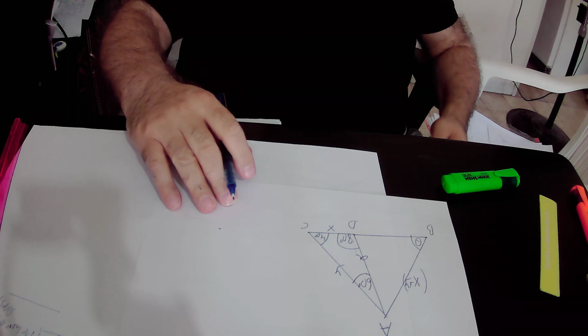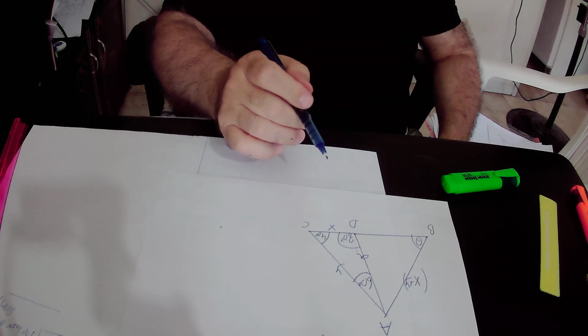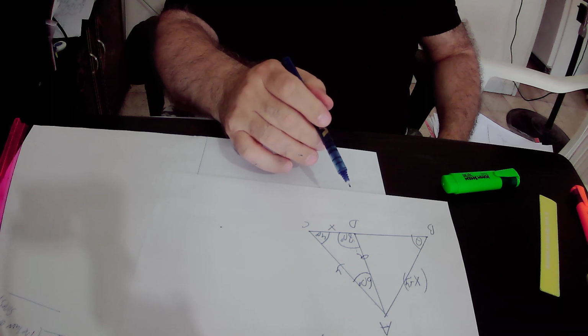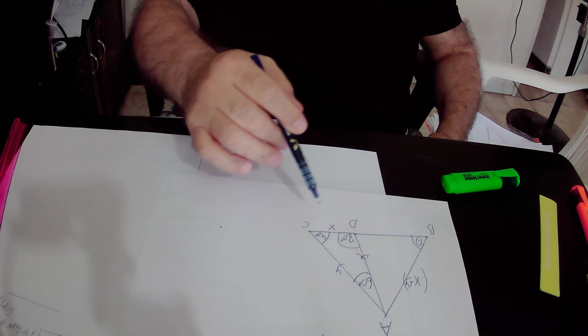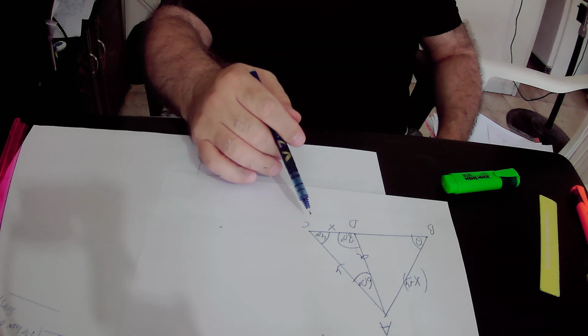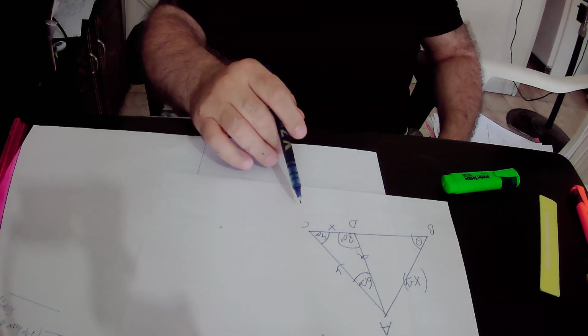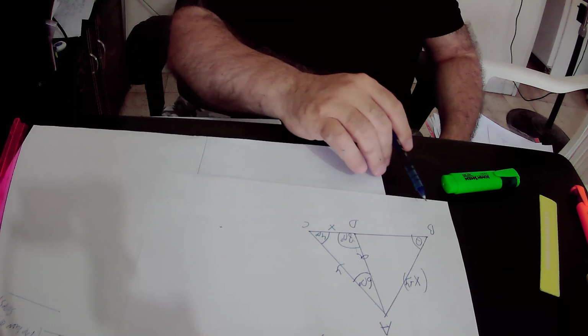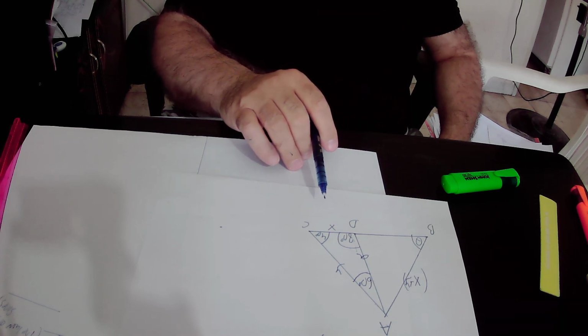But before that, we know that ABC is a triangle, and because of the fact that ABC is a triangle, BC is one side of triangle ABC.